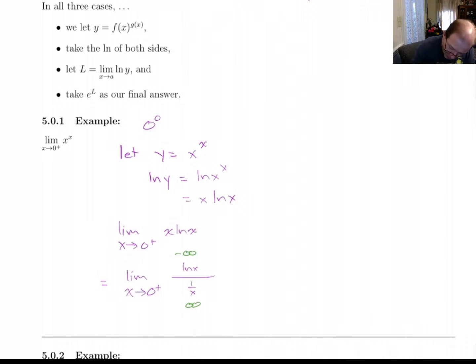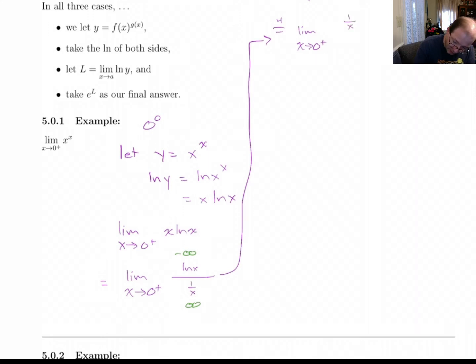So L'Hopital, I'm actually going to take this up here to finish it. Let's see, L'Hopital, we get x goes to 0. On top, the derivative of natural log is 1 over x. On the bottom, the derivative of 1 over x is minus 1 over x squared. And so what we've got here now is infinity over infinity, but we can simplify this one algebraically quite easily.